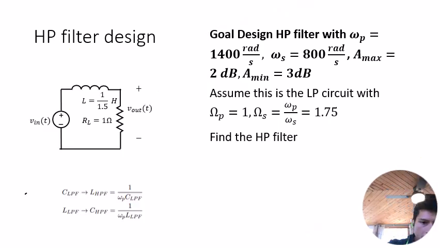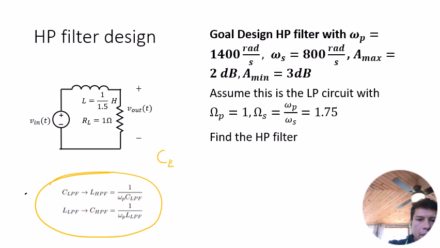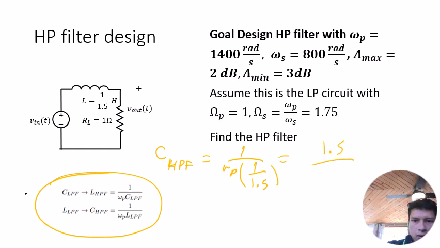Okay, so remember, this is the formula I wrote on the previous slide. So we're going to have C for the high pass filter equal to 1 over, sorry, it's a capacitor that we want, 1 over omega p times the inductance, 1 over 1.5, which is 1.5 over 1400.